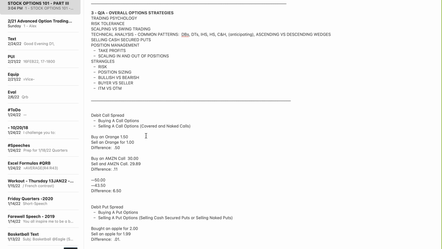The difference is obviously 50 cents. Now, let's say you don't have $1.50, but you thought the price of oranges was going to go up through the roof, maybe because of an orange shortage, and you want to profit from this. Well, what if you could just buy the difference between what you're buying and selling? That would only be 50 cents.